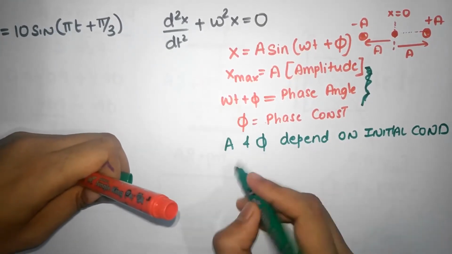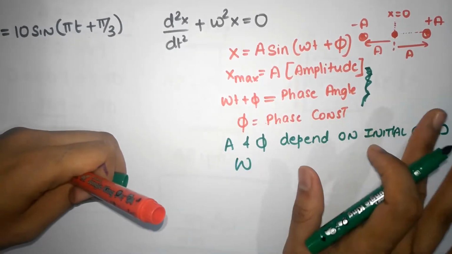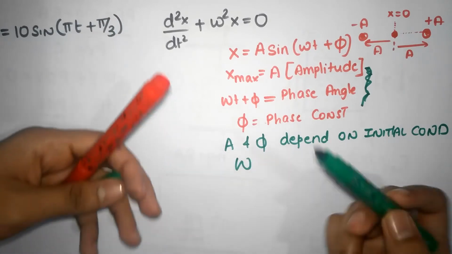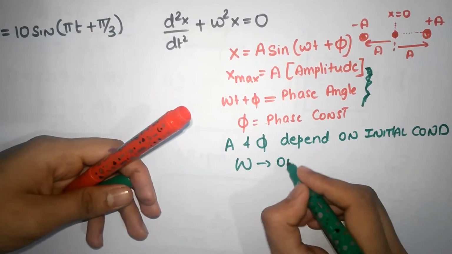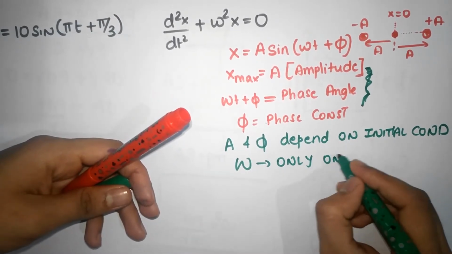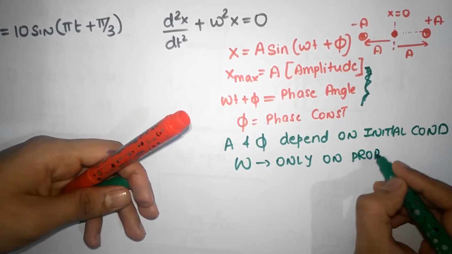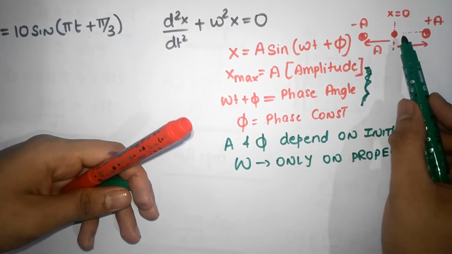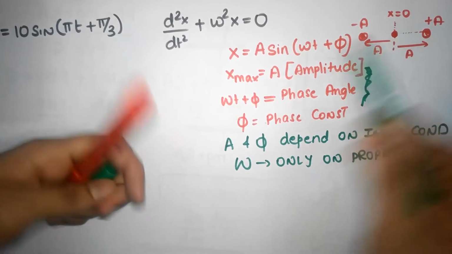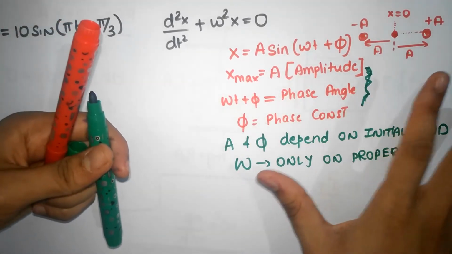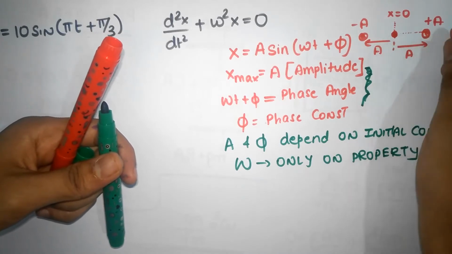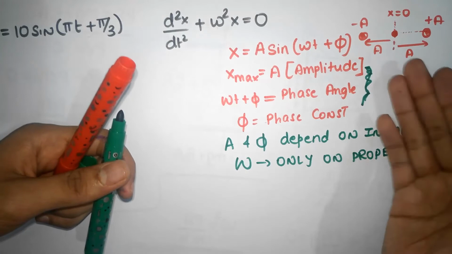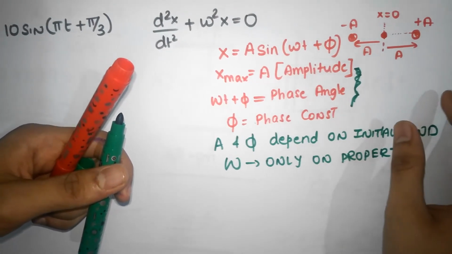And the omega value doesn't depend on the initial conditions. We saw in so many cases omega depends only on the property of the system, which means if I have a spring of spring constant k and mass m, its omega is fixed. Whether I stretch it a little bit or I stretch it more, it doesn't depend on the displacement. It doesn't depend on the initial conditions.